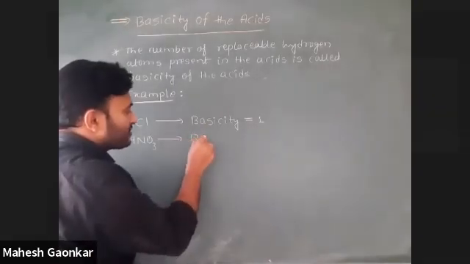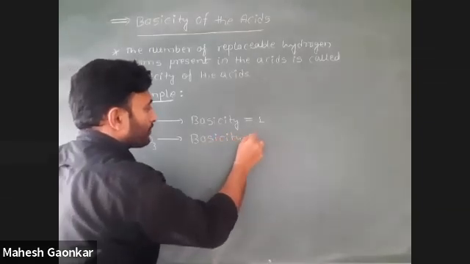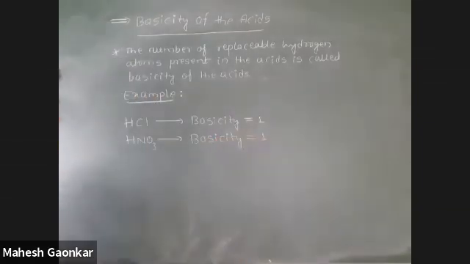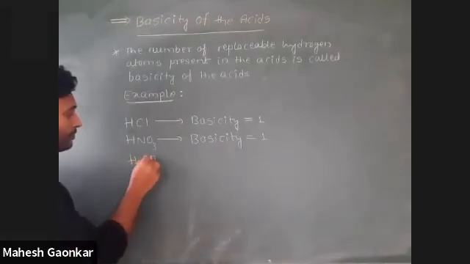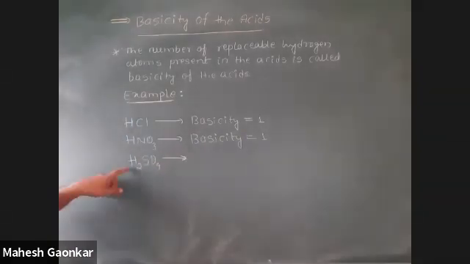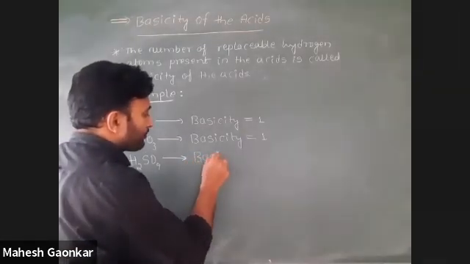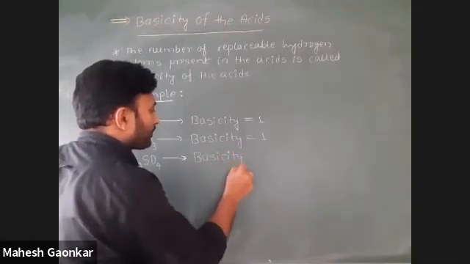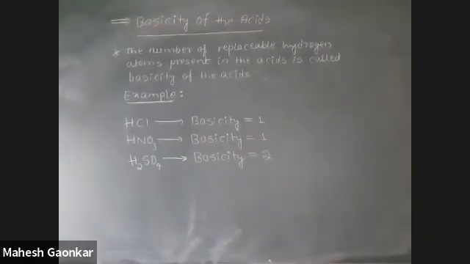Therefore, its basicity also equals 1. H2SO4, sulfuric acid, has got two replaceable hydrogen atoms. Therefore, the basicity of sulfuric acid equals 2. Correct?